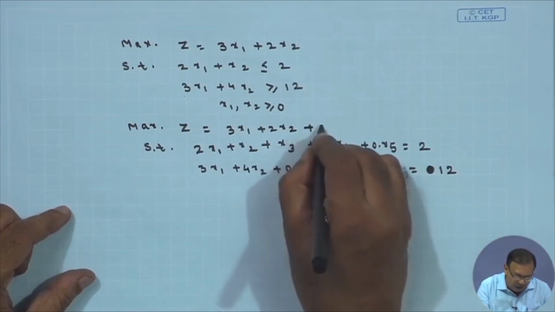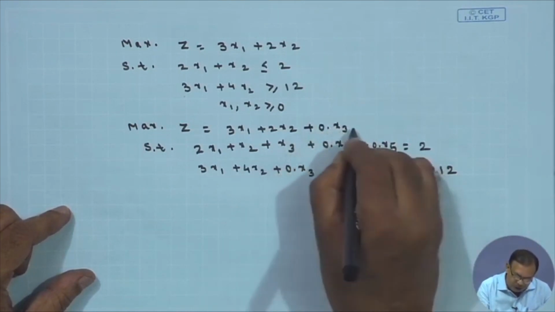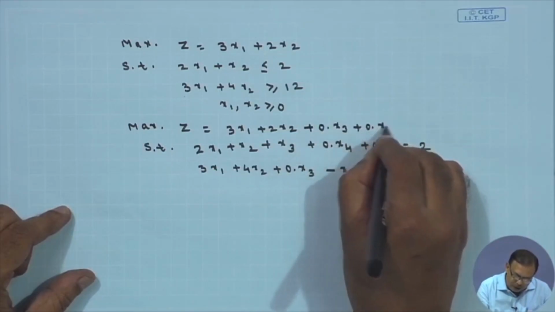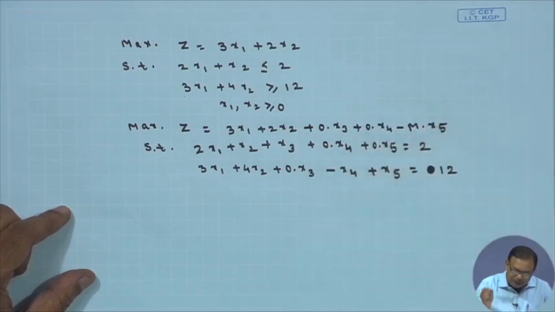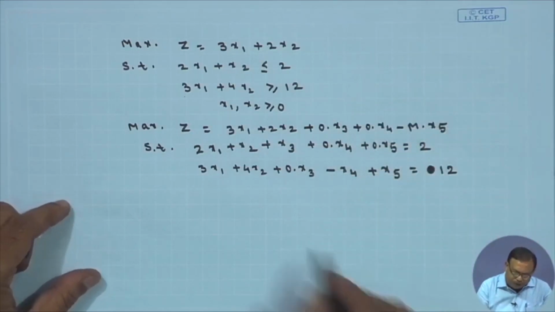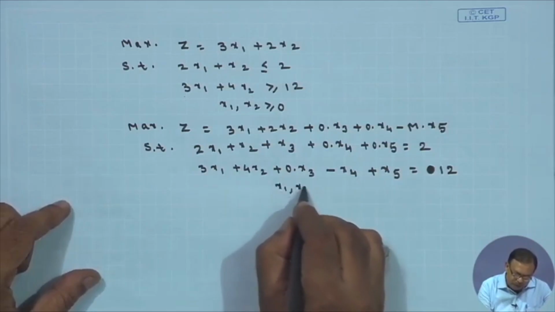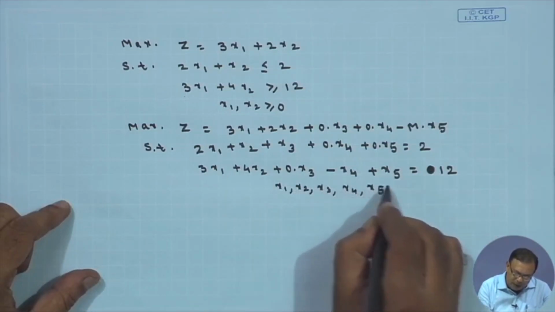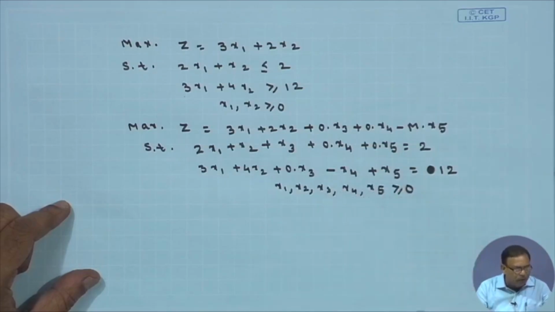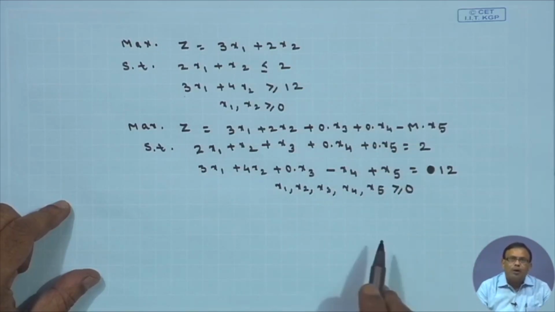So, we will write it as 0 into x3 plus 0 into x4 minus M into x5. And of course, x1, x2, x3, x4 and x5 all must be greater than equals 0 in this case.